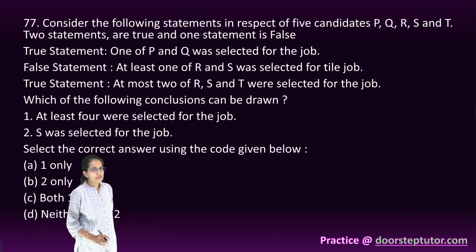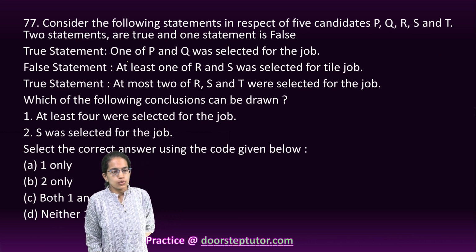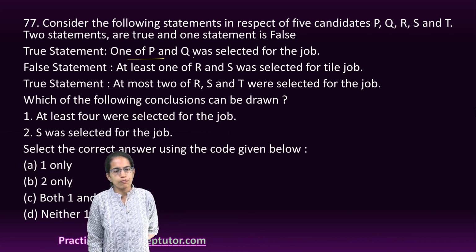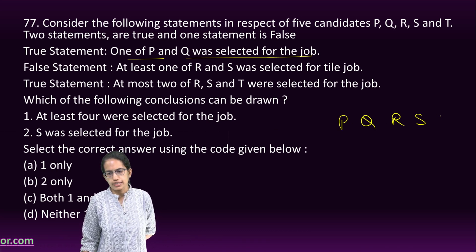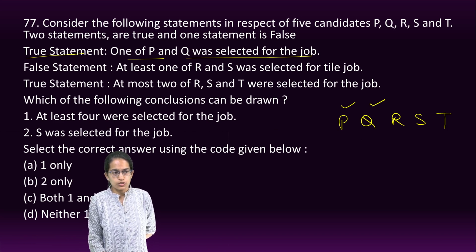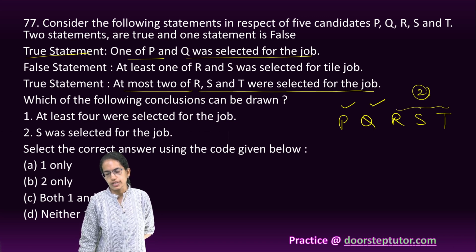Coming next, consider the two statements. The true statement is one of P and Q were selected for the job. I have P, Q, R, S and T. So either P or Q was selected for the job. This is a true statement, and at most 2 of R, S, T were selected. So of these 3, 2 were selected.